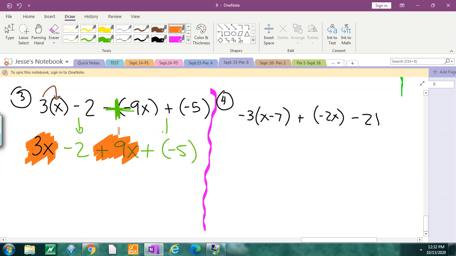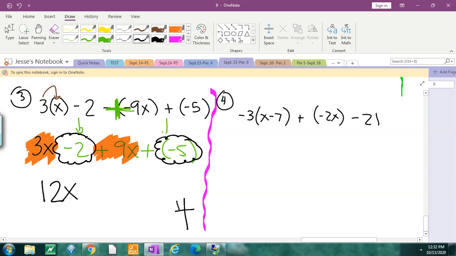Why? Because they both have x's. So what's 3x plus 9x? 12x, right? That's easy. Now the next one is negative 2 plus a negative 5, which is what? Denise, what did you get for negative 2 plus a negative 5?